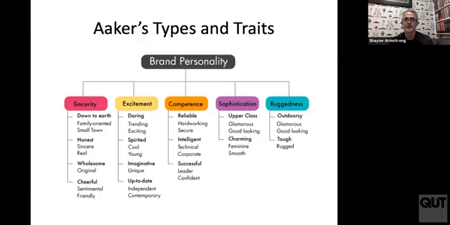Okay, if competence is their main one, good. Now, depending on what the focus of the advertisement is, sometimes they do go a little bit more corporate, but certainly intelligent.